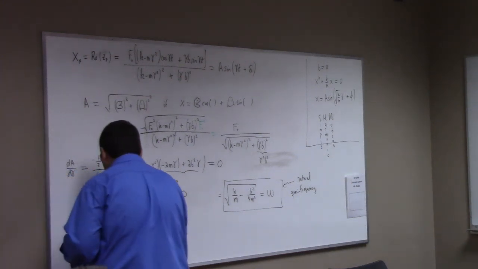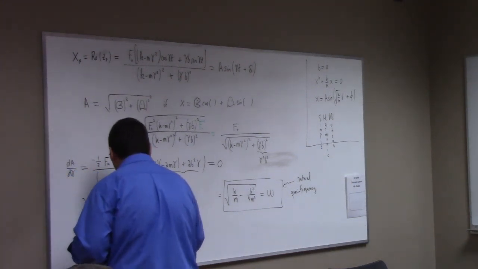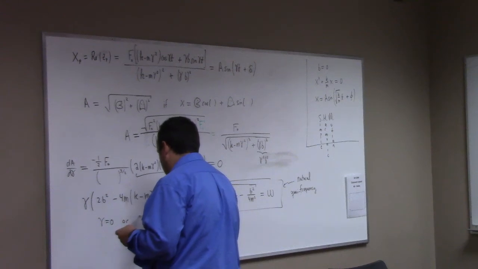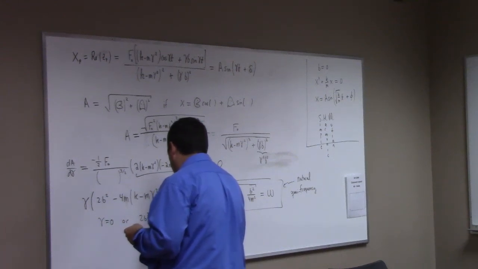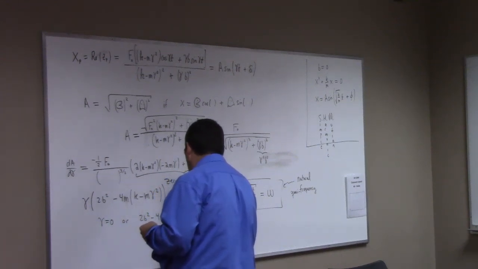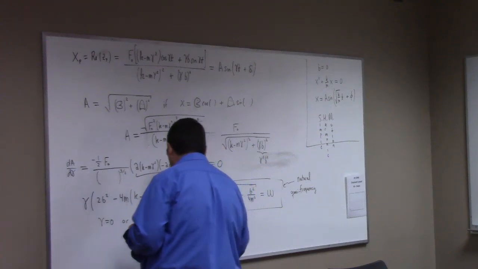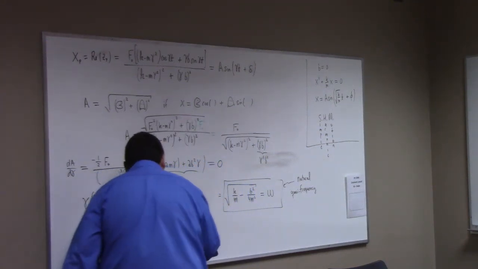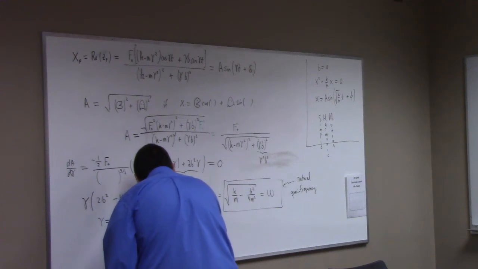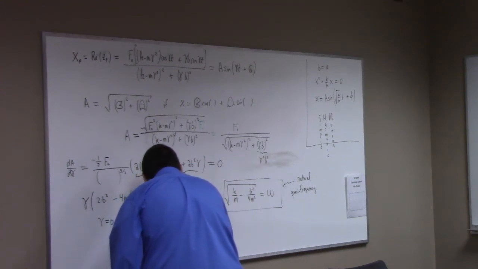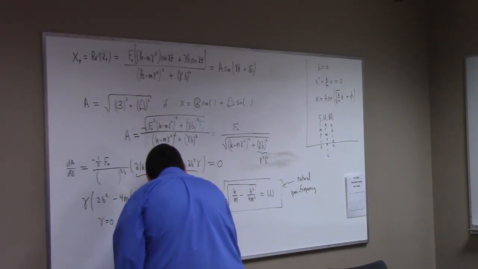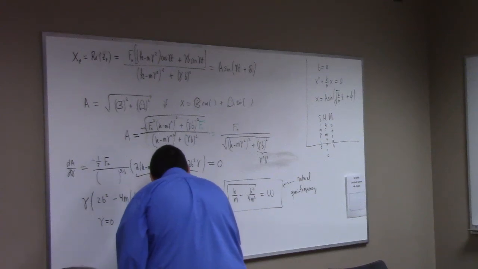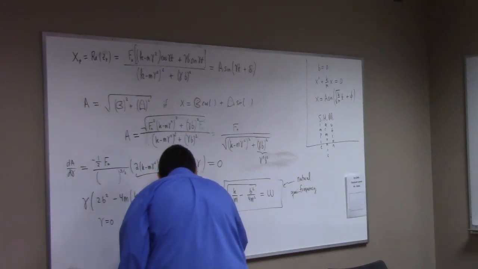So either gamma equals 0 or, what's the other case? 2b squared minus 4m times k minus m gamma squared equal to 0. We can solve that. What's that give us? K minus m gamma squared is equal to, looks like 2b squared over 2m, or b squared over m.